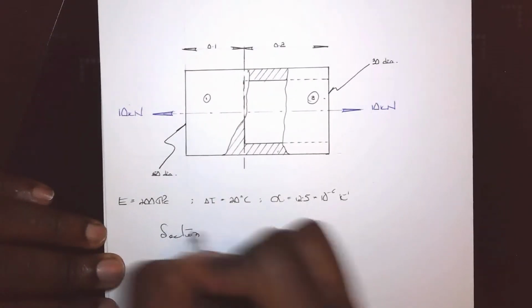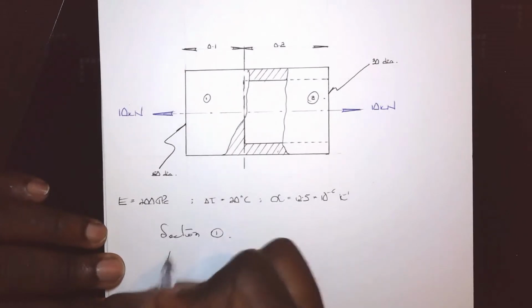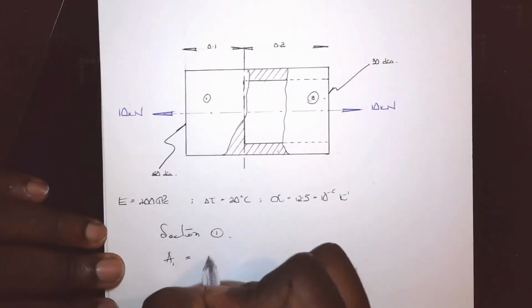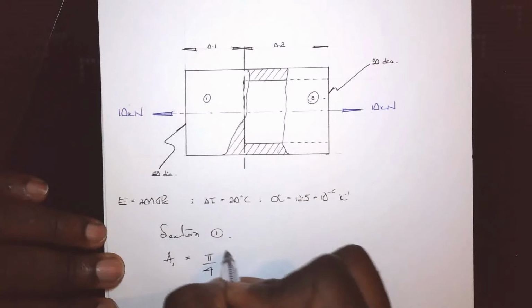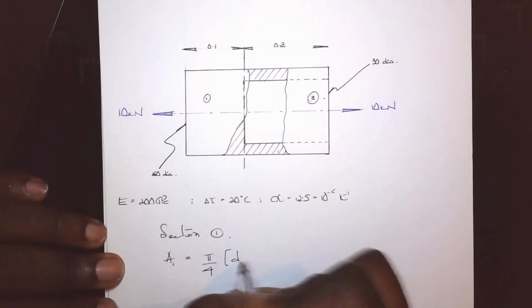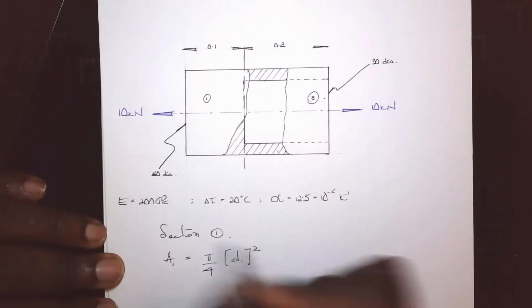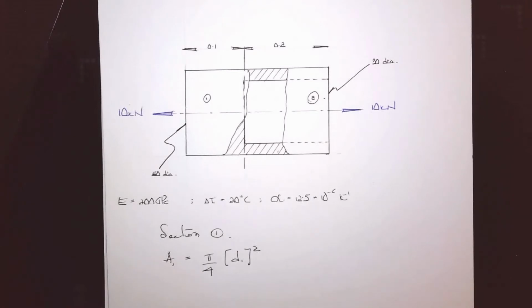So for section 1, the area A1 will be equal to pi over 4 d1 squared. Now I do need to point out that not all problems will have the cross-sectional profile being circular.